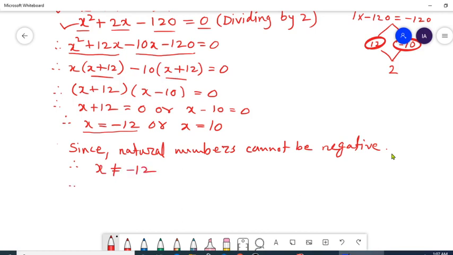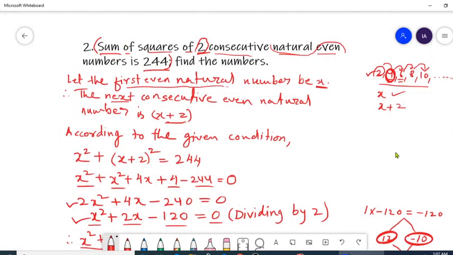So what is the correct value of x? x is 10. So my first even natural number is 10. If my first even natural number is 10, then my other even natural number is x plus 2, according to our assumption. We considered that our first even natural number is x, and we found that the other even natural number is x plus 2.